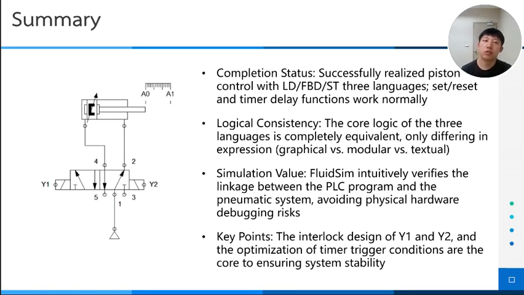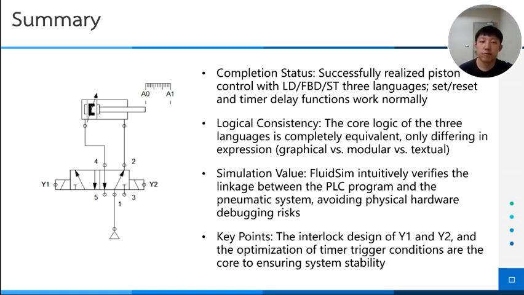This is the summary of my homework. First, completion. I successfully used 3 languages: LD, FBD, ST to control the piston, and the set or reset and the timer delay work well. Second, logic consistency. The logic of the 3 languages is the same, only their forms are different: graphical, block, and text.